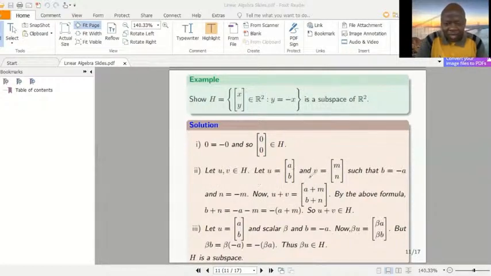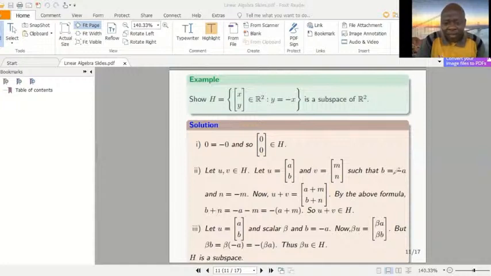I say let u be that, let v be that, such that the second element is negative times the first element, and also for this part, the second element is negative times the first element. And so what is the sum? The sum will be this. So can I show that the second element is also negative times the first element? So I just took the second element.